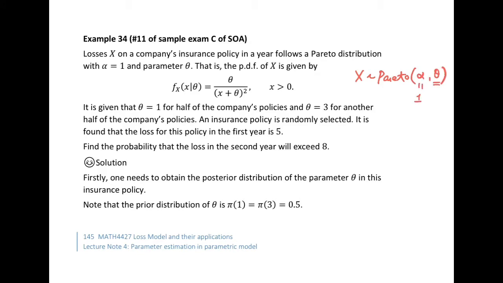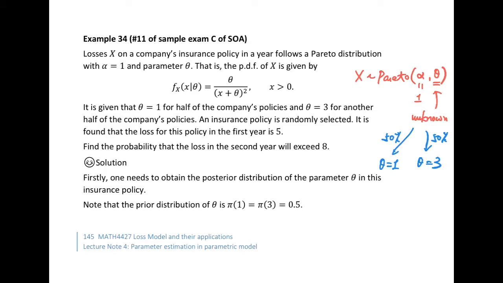Here in this problem, we assume that this theta depends on the company, and according to the historical data, 50% of the insurance policies have theta equal to 1, and the other 50% have theta equal to 3.